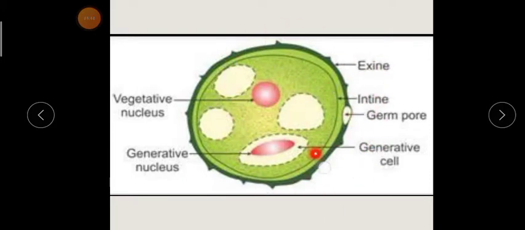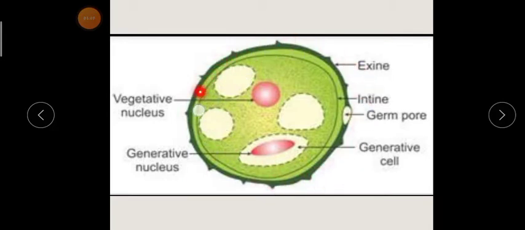If something happens to the pollen grain, then this male gamete will be of no use, and no new plants will be formed later on. Without the presence of male gamete, plants cannot produce new flowers or new trees or new seeds, isn't it? That's why this pollen grain is very important.